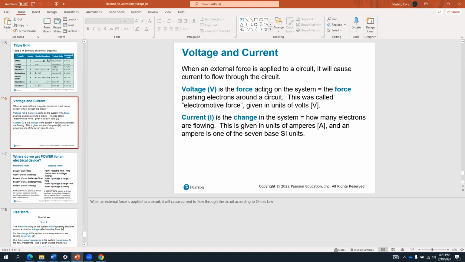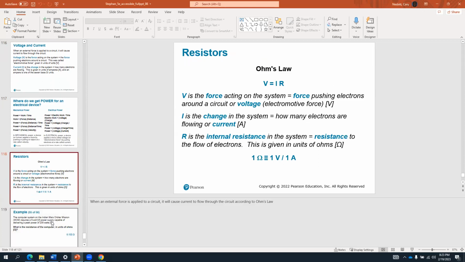It states that current is the change in the system, which equals how many electrons are flowing. Voltage is the force acting on the system, which is equal to the force pushing the electrons around a circuit. All right. Now that brings me to Ohm's law.